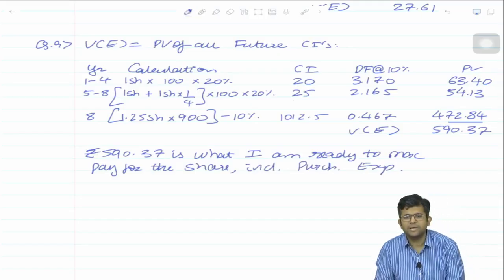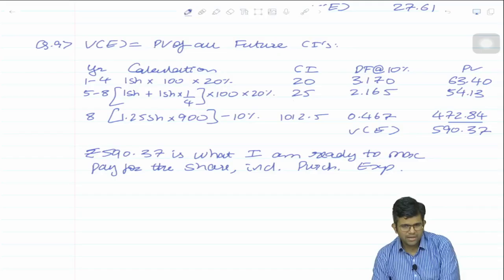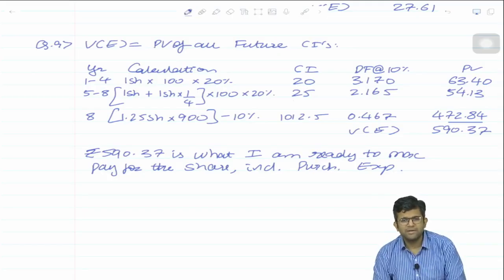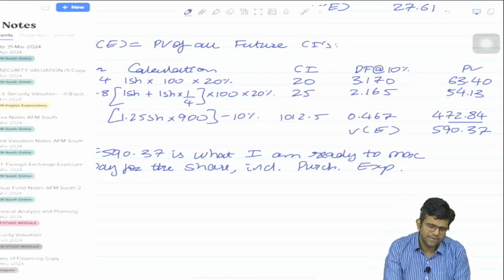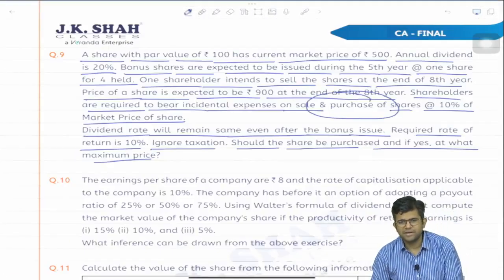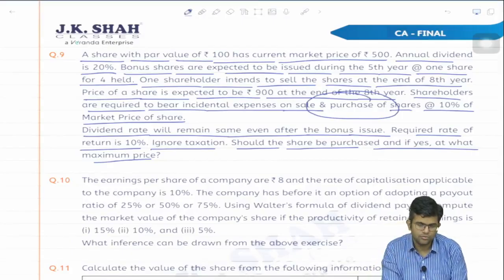Are you all able to understand? Including purchase expense means what? Meaning, do you realize that just as when I sell the shares I have to pay brokerage, similarly when I buy the shares also I'll have to pay brokerage? No, there is an incidental expenses on both the sale as well as purchase. Everybody clear? Sale and purchase both are there. Am I making sense? Hello?